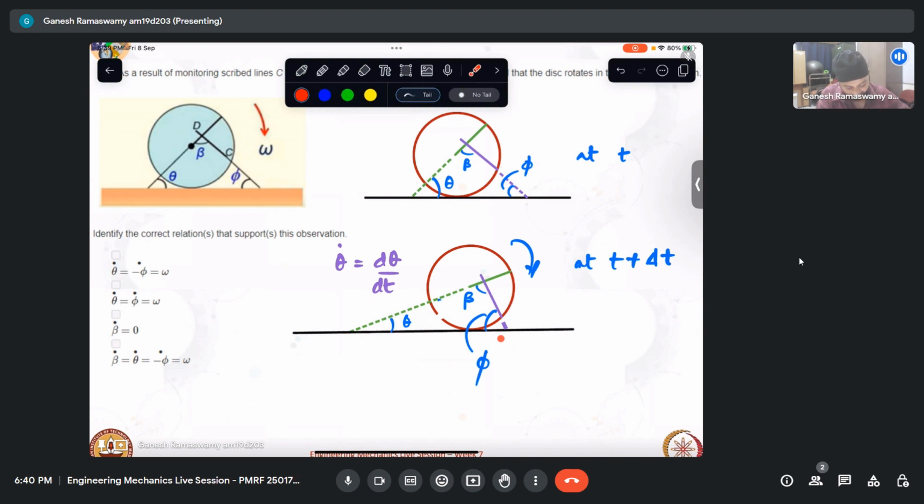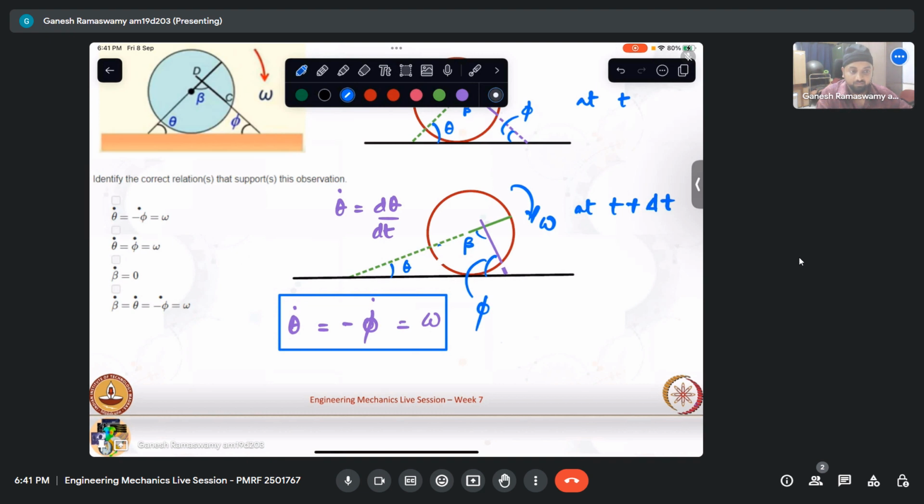And this is omega. So we can see that theta dot is minus of phi dot. And we can see that when this is rotating in this direction, theta is actually decreasing. So we know that counterclockwise omega is negative, which is equal to omega. So I have got this relation here.